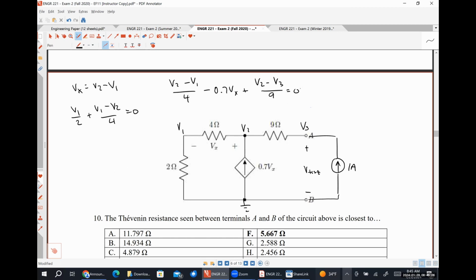KCL at node 3 is going to give us V3 minus V2 over 9 minus 1 amp is equal to 0. We can see that V test is equal to V3, and our Thevenin resistance is V test over 1 amp. So that's how I would solve it if I were doing a test current source.